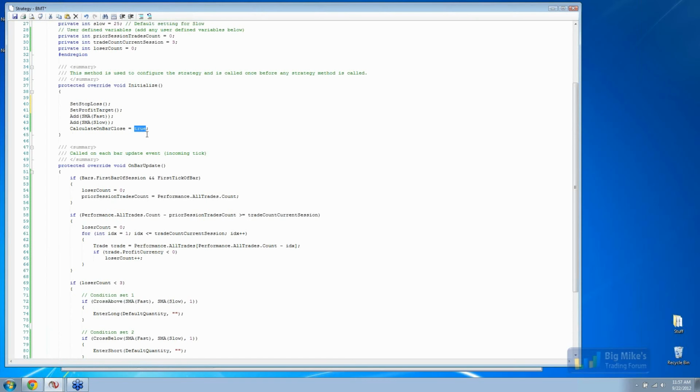It really just depends on how I feel like running the strategy, or how I'm envisioning my strategy is going to be running. But in general, because it doesn't really hurt to leave first tick of bar in, and it covers all scenarios, when I use this particular if statement I generally use both of these together. I don't go just first bar of session. I always go first bar of session and first tick of bar.